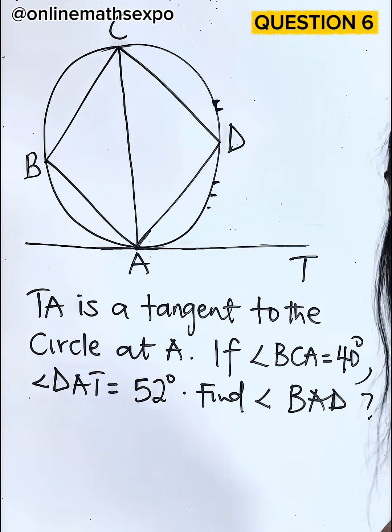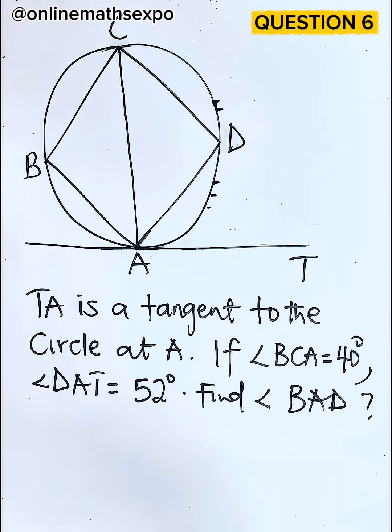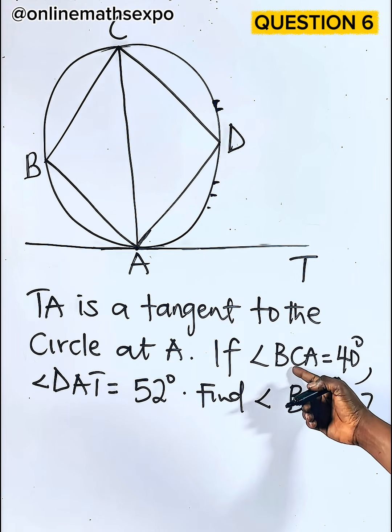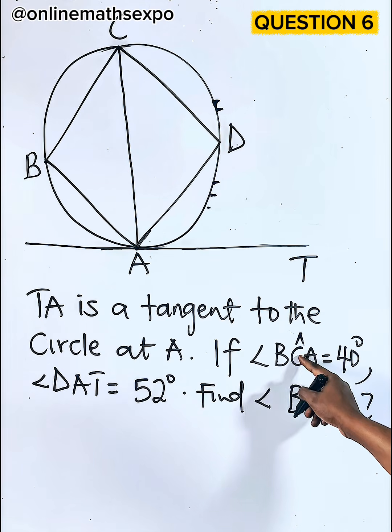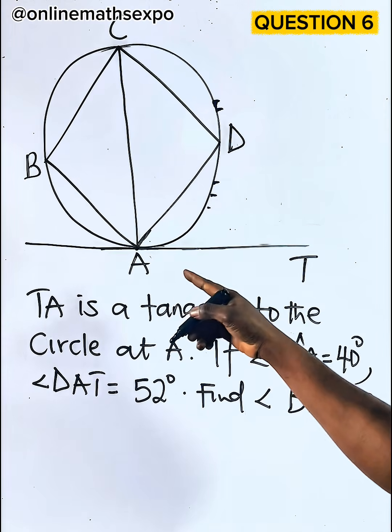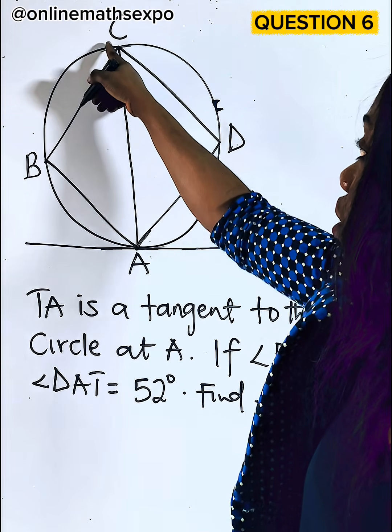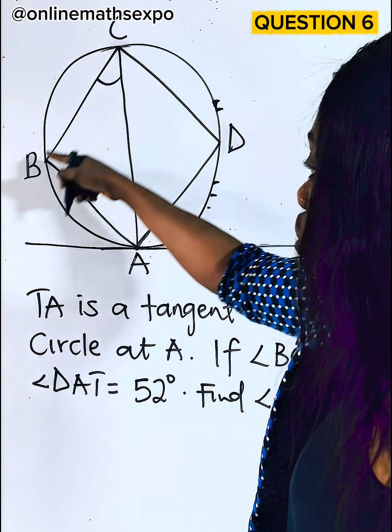And another thing the question said is that angle BCE, now when you have this, the angle mentioned is the second letter. BCE means angle at C. So the angle at C, go to the diagram, BCA. That means this part of the C, not the whole C, but some part of it.